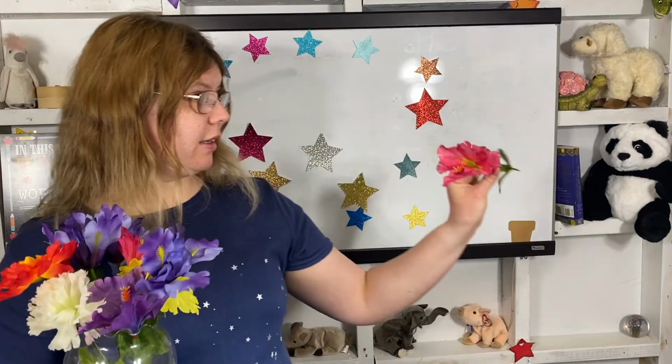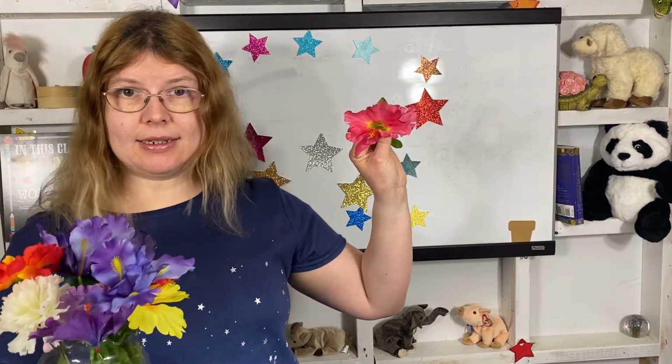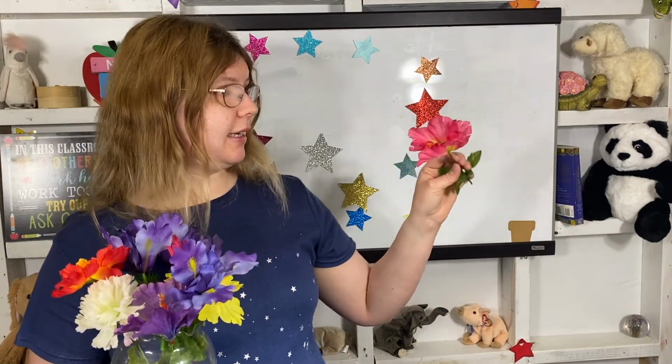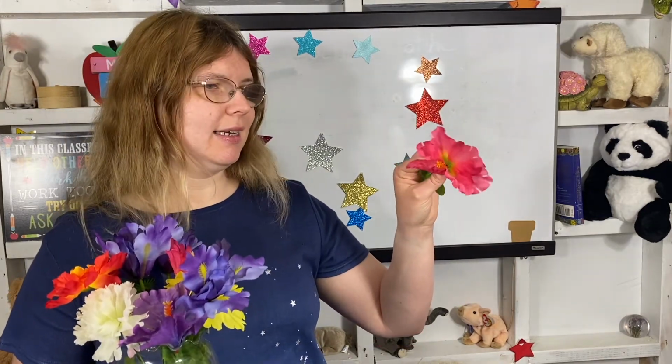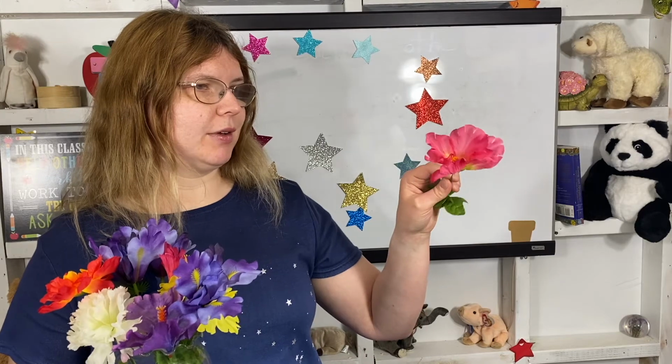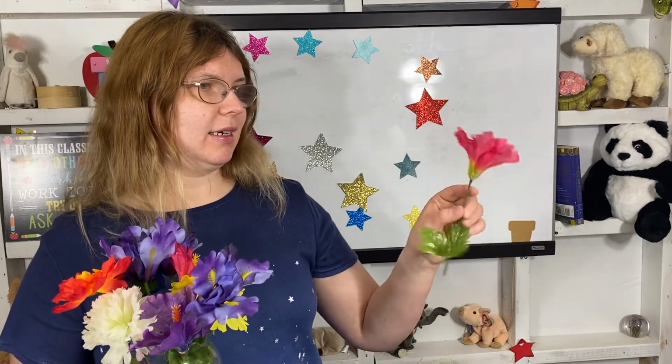But you can see that there's depth in this flower, right? You can see the shadows that are being created by the light hitting it, and you can see the shading that the light creates on this flower.